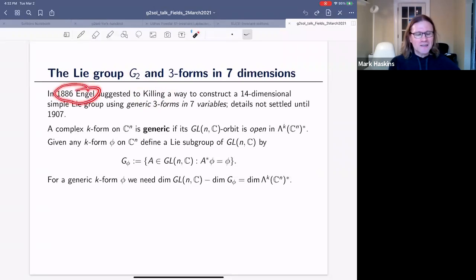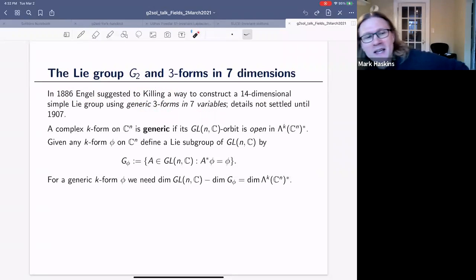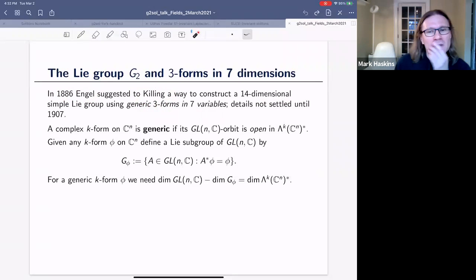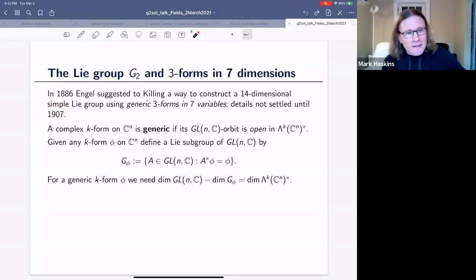But Engel thought that in fact there ought to be a way to construct a 14-dimensional simple Lie group by taking a generic 3 form in 7 variables. This turned out to be the case, but somehow the picture wasn't completely settled until nearly 30 years later.